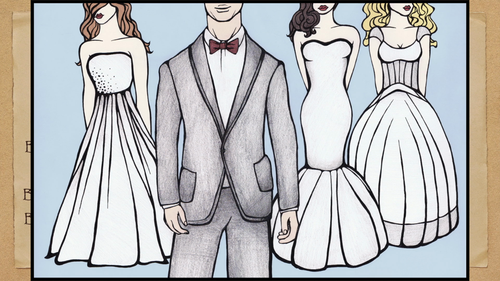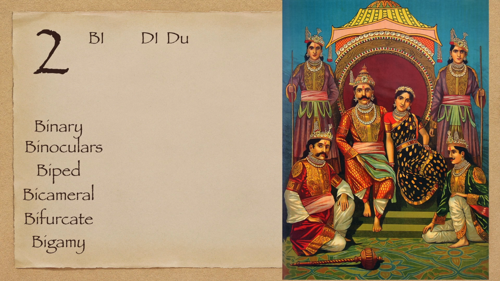So one man would have many wives, or one woman would have many husbands. The word for the situation where one woman has many husbands is polyandry. Poly means many, and andros is the root for men. So many men. So if one woman has many husbands, such a cultural situation will be known as polyandry, right?